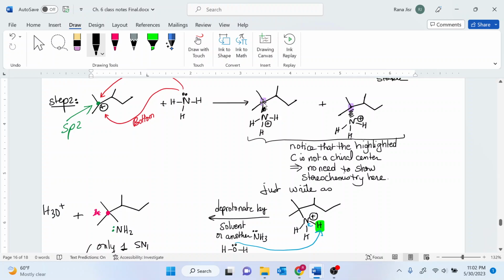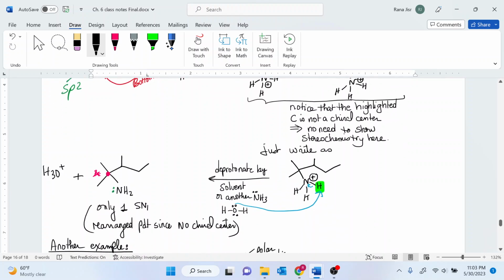Notice that the highlighted carbon here is not a chiral center. So if it is not a chiral center, I don't need to show stereochemistry to start with. So this is why I'm going to switch those two over here to a solid line. No need to show stereochemistry. And then use the solvent in there, which is water, to take the extra hydrogen.